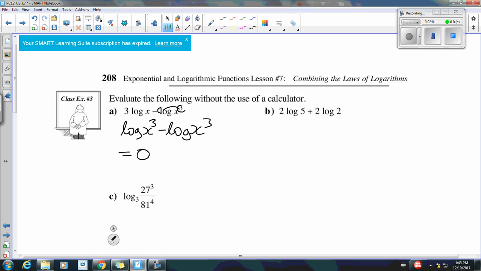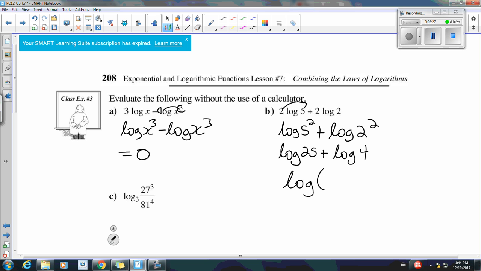Next one, 2 log 5 plus 2 log 2. Same thing, if we make these exponents, this becomes log of 5 squared plus log of 2 squared, which is the log of 25 plus the log of 4.